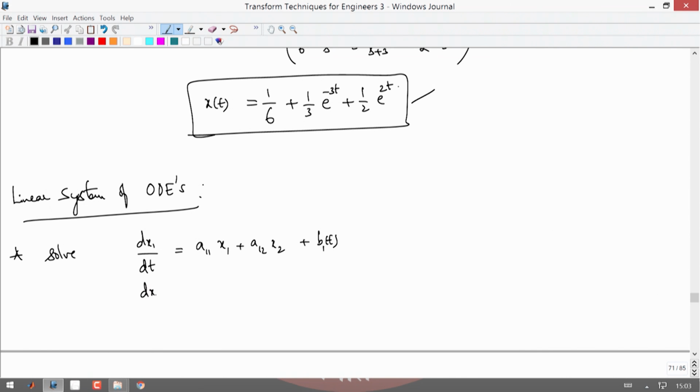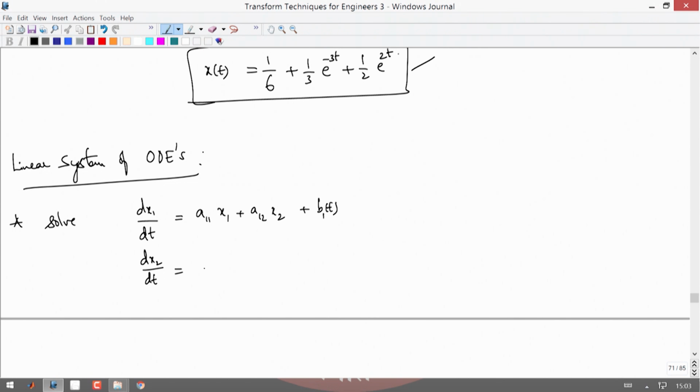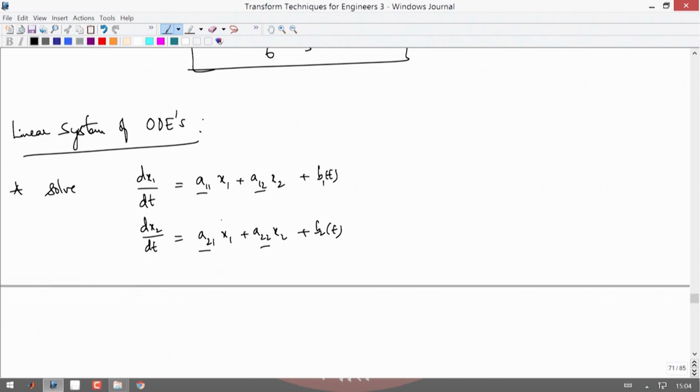Another equation is dx2/dt. So x1 and x2 are two dependent variables and t is the independent variable. So you have a21 x1 plus a22 x2 plus b2 of t, where the a's are all constants.